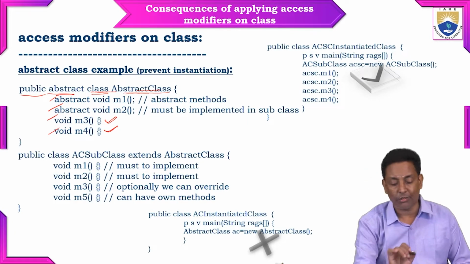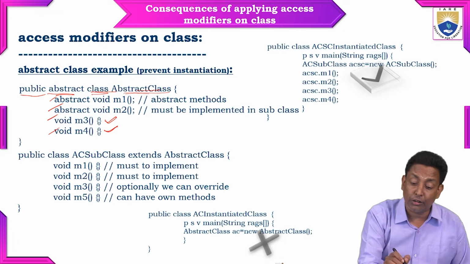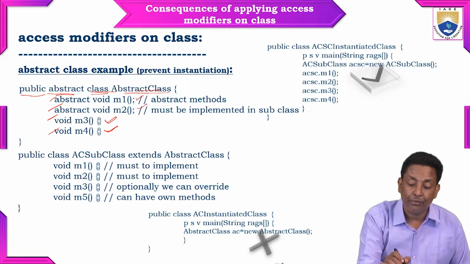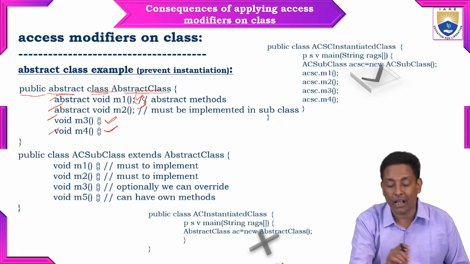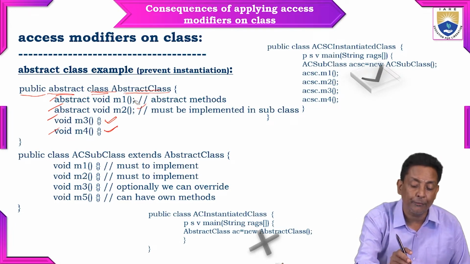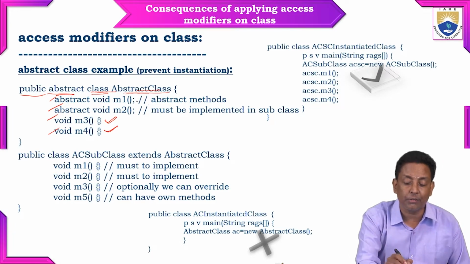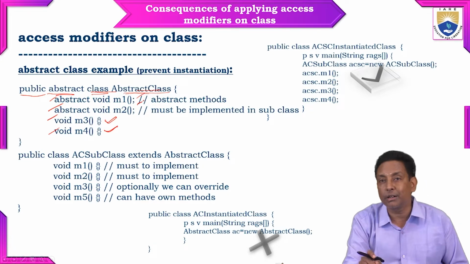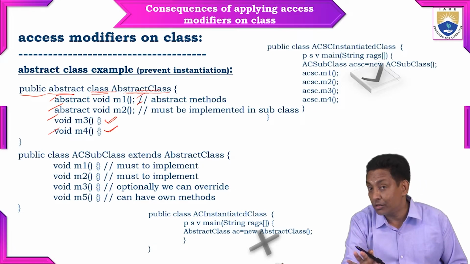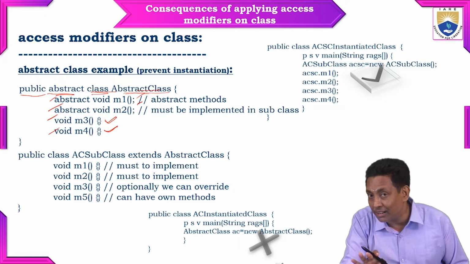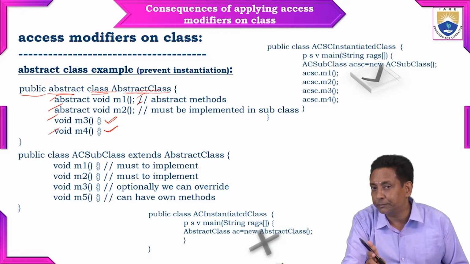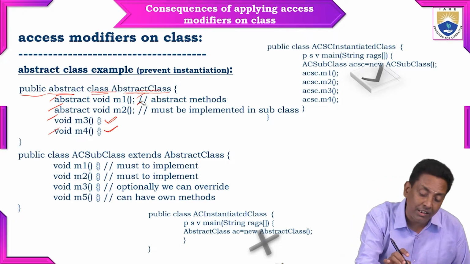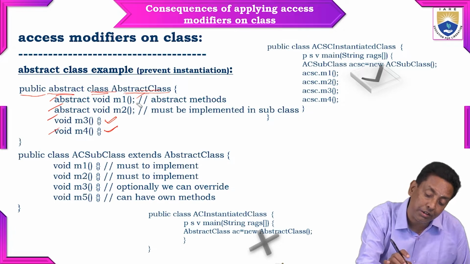If you are interested, you can write logic. The first 2 methods, M1 and M2, instead of having flower braces, were simply declared with a semicolon. Semicolon means the methods are just declared. They are not implemented.